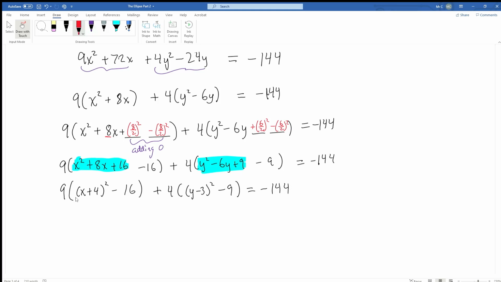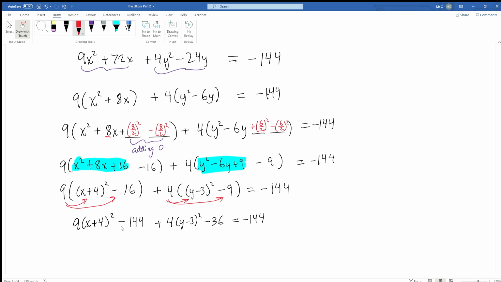Okay, now you should notice that you've got this minus 16 trapped in here, and we need to simplify how this equation is written. So we're just going to distribute this 9 to both terms and this 4 to both terms. This gives me 9 times (x plus 4) squared minus, and 16 times 9 is 144, plus 4 times (y minus 3) squared minus 36, all equals negative 144.